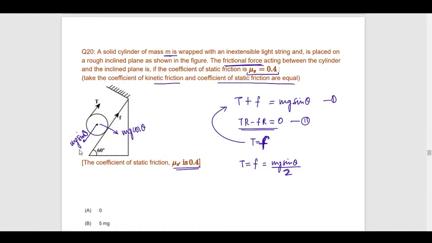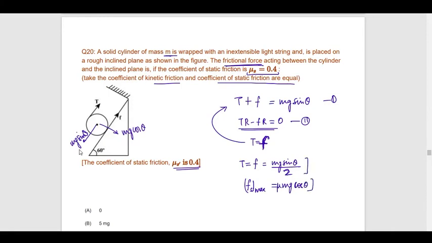Now since both coefficients of friction, kinetic and static, are the same, we can say that the limiting value of static friction has the value of mu mg cos theta, right? Which one among these two is greater?